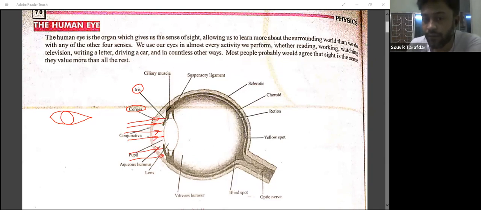Wherever light falls on this part and this part, the red portion I have made, no light will be able to enter from there. That is acting as a stop.